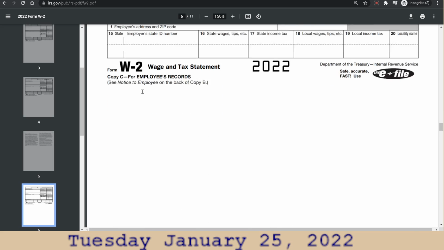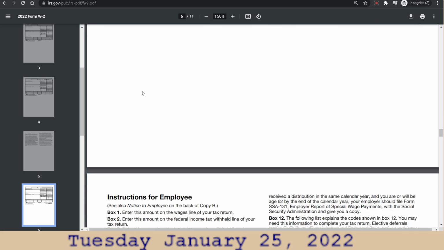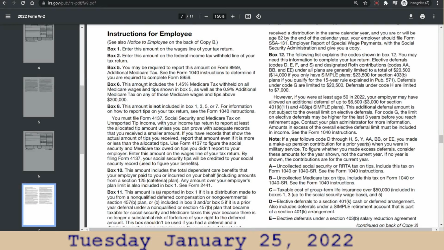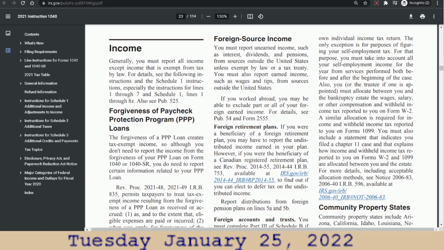What I'm trying to do right now is look at this. Okay? All right. Now, I'm going to look at that and this for a moment. So, this says income, generally. Generally. How do you like that word?